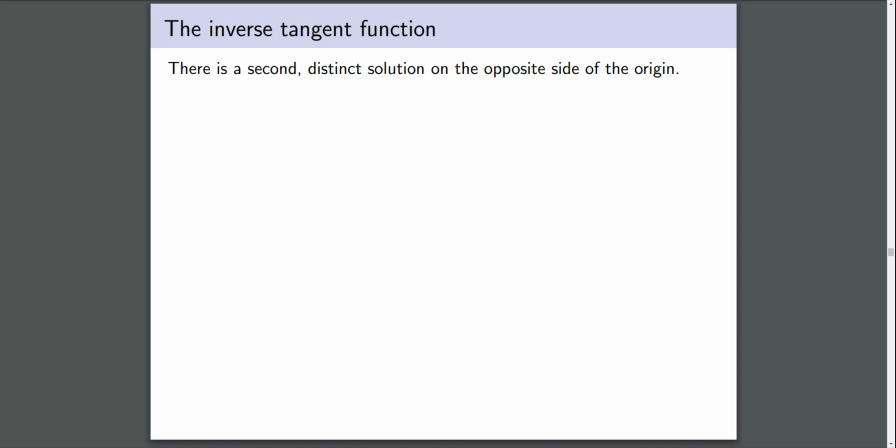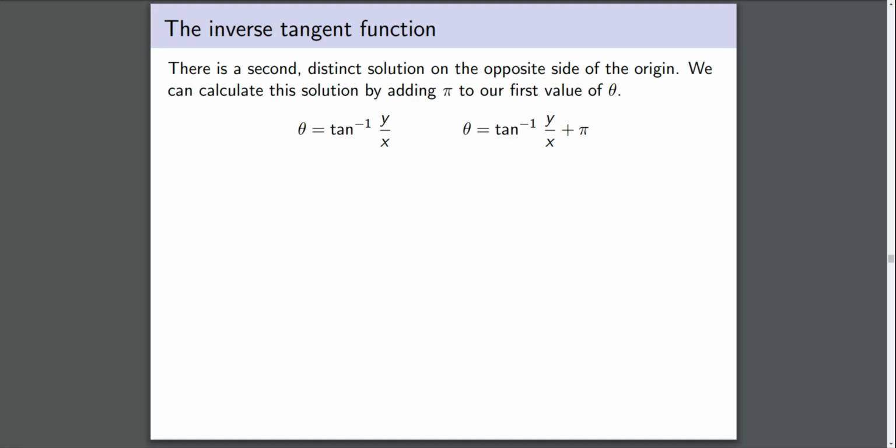The other solution is going to lie on the opposite side of the origin. And so the way we identify an angle for this solution, we're going to add pi to the value that we found on the last slide. Here's a picture of how those two solutions are lined up. So notice that they're on the same line, they're on opposite sides of the origin.